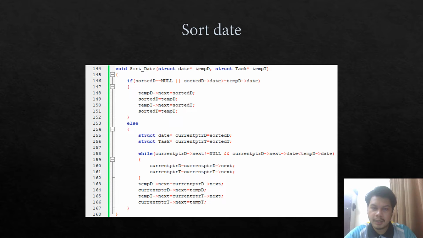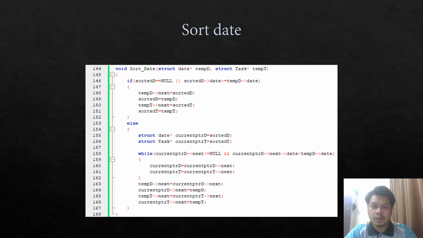Temp D date is actually the input that we entered. If it obeys these two conditions, it will swap places with each other. So temp D next is equal to sorted D, and sorted D equals temp D.